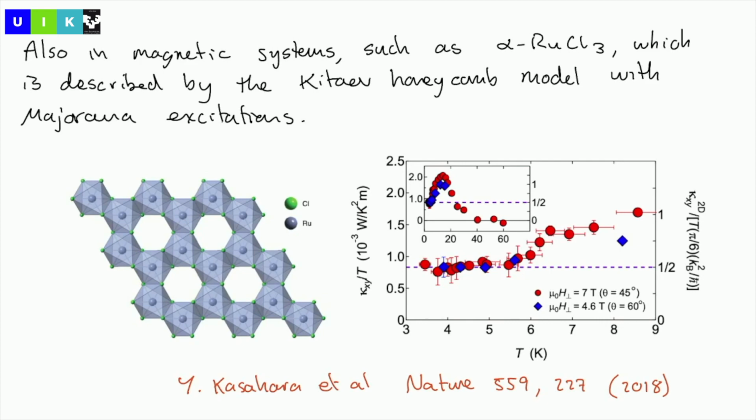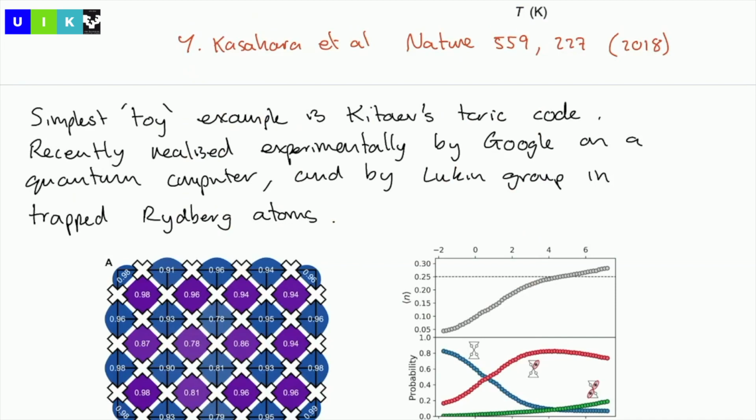And this has been seen, again indirectly, by, I think, thermal Hall measurements. If we had itinerant fermions, we would get this value of 1. But at the temperatures that they looked at, they found this fractional value of 0.5, indicating that they do indeed have these Majorana degrees of freedom and not just these fermions.